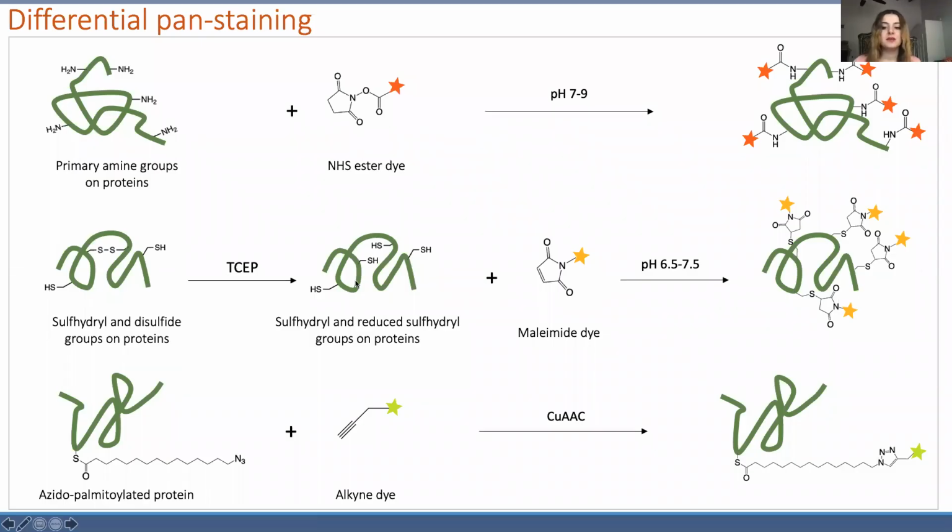The next conceptual step we explored, and perhaps one that starts to probe the world of omics, is what we call differential pan-staining of the proteome. That is labeling specific subsets of the proteome, overlaying them, and then using the differential patterns in staining as another dimension of cellular state characterization.